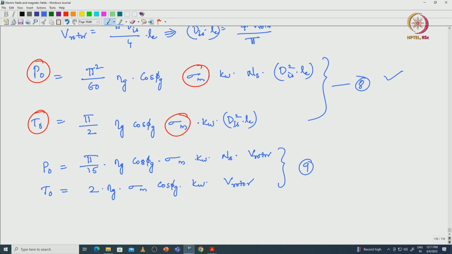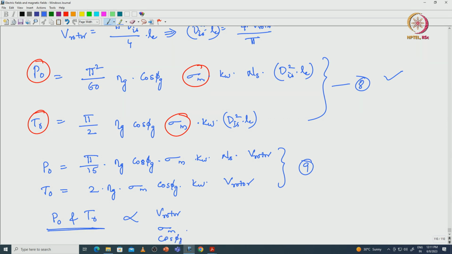This is equation 9. From this equation we can conclude that both P0 and T0, the output power as well as the output torque, are directly proportional to the volume of the rotor, magnetic shear stress, and power factor.